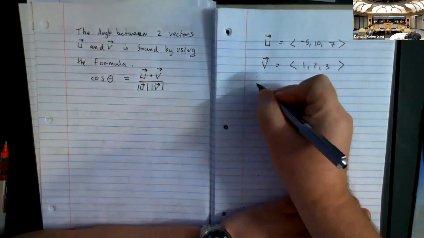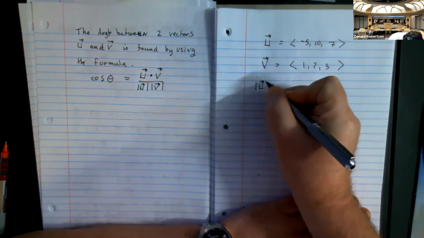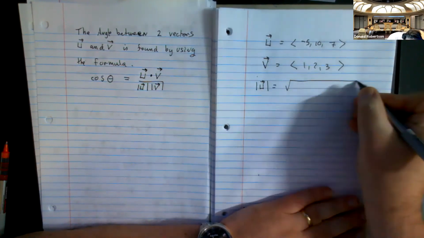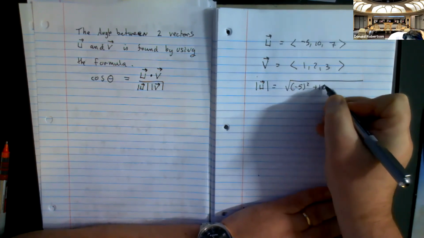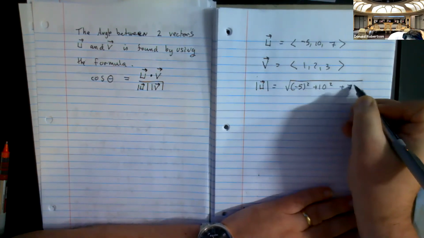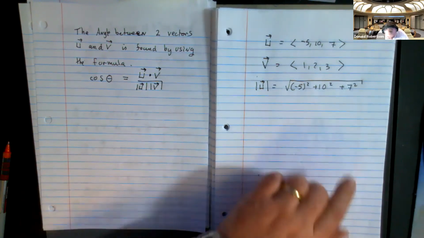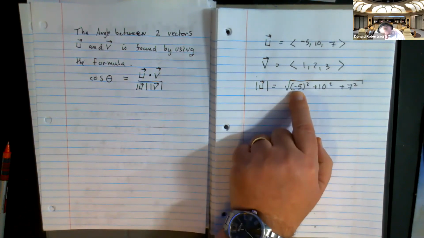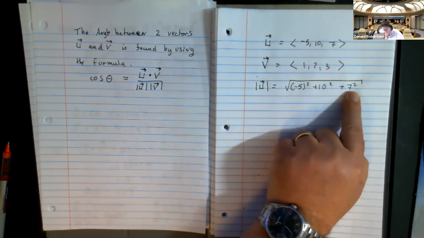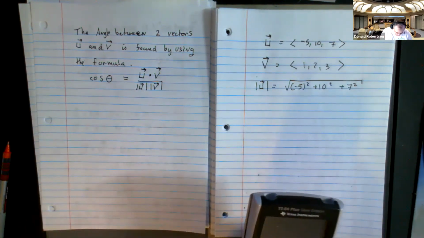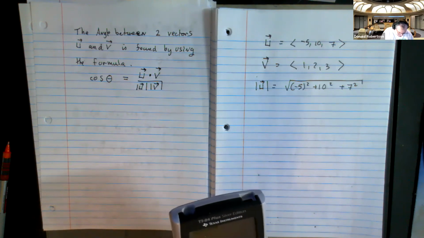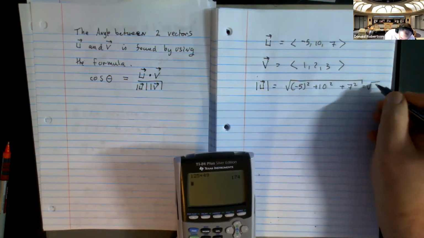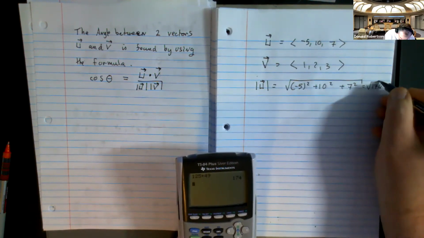Well, I need to know the magnitude of u. So that's going to be -5 squared plus 10 squared plus 7 squared. That's 25 and 100 and 49. I'm not risking it. 125, add 49, I get the square root of 174.